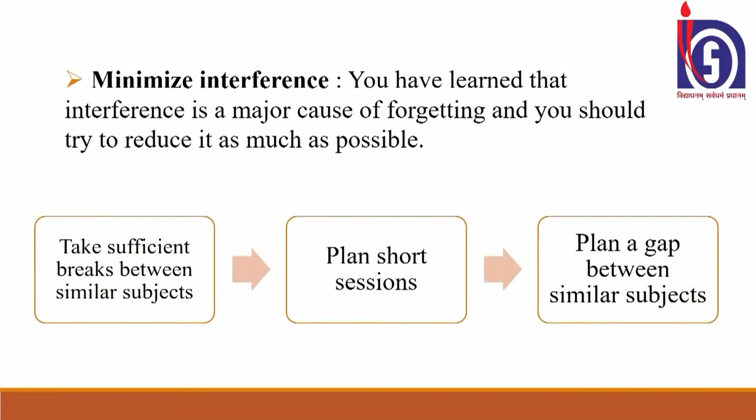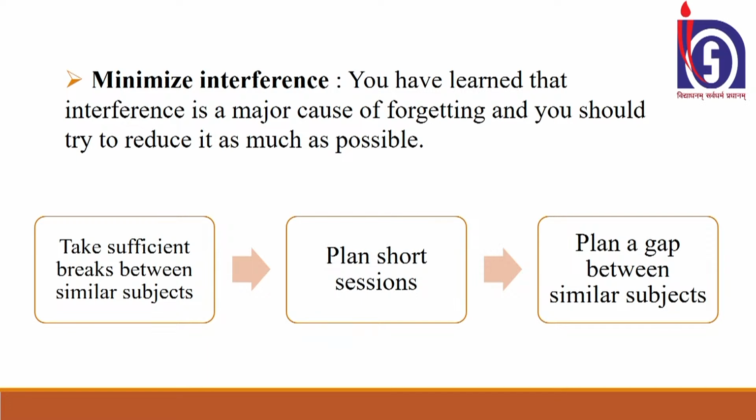You have learned that interference is a major cause of forgetting, and you should try to reduce it as much as possible. There are a few steps you can take to minimize interference. First, take sufficient breaks between similar subjects, plan short sessions, and plan a gap between similar subjects.